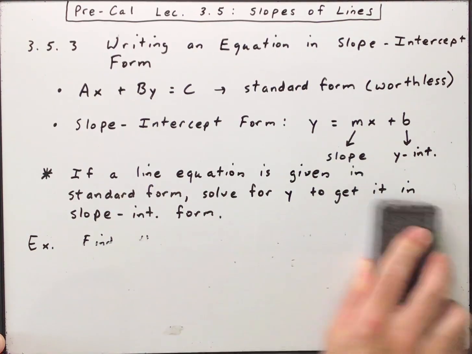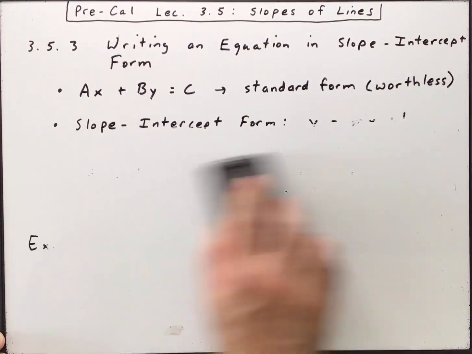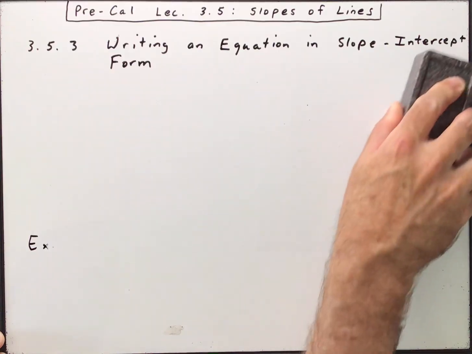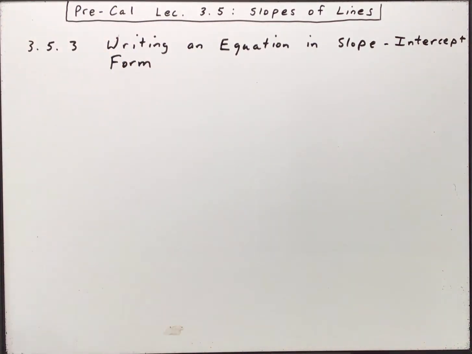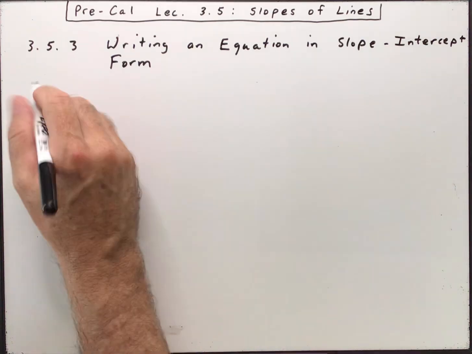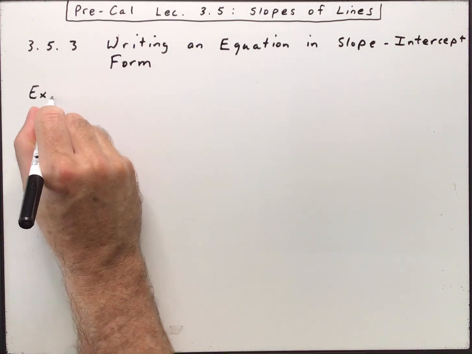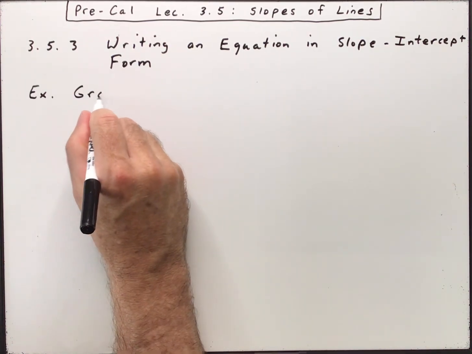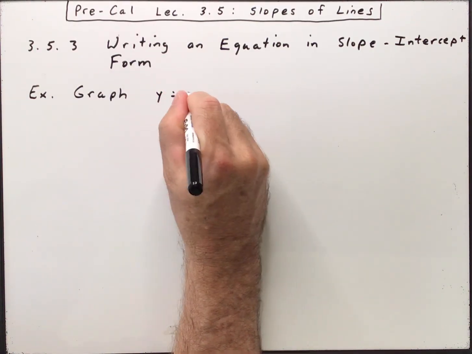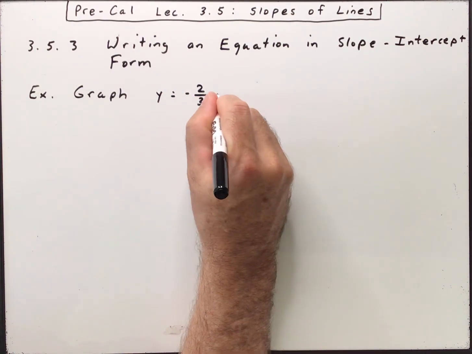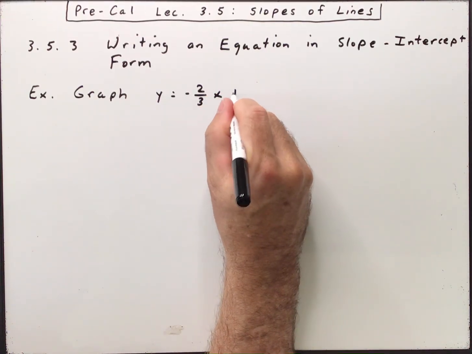So let's draw using slope-intercept form. We're still in 3.5.3. I want to graph a couple of examples here. Let's graph y is equal to -2/3 x plus 1.